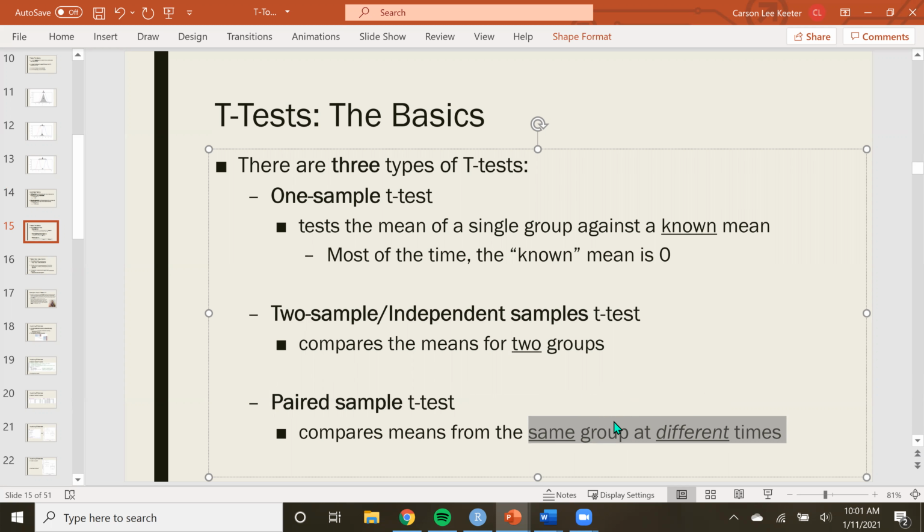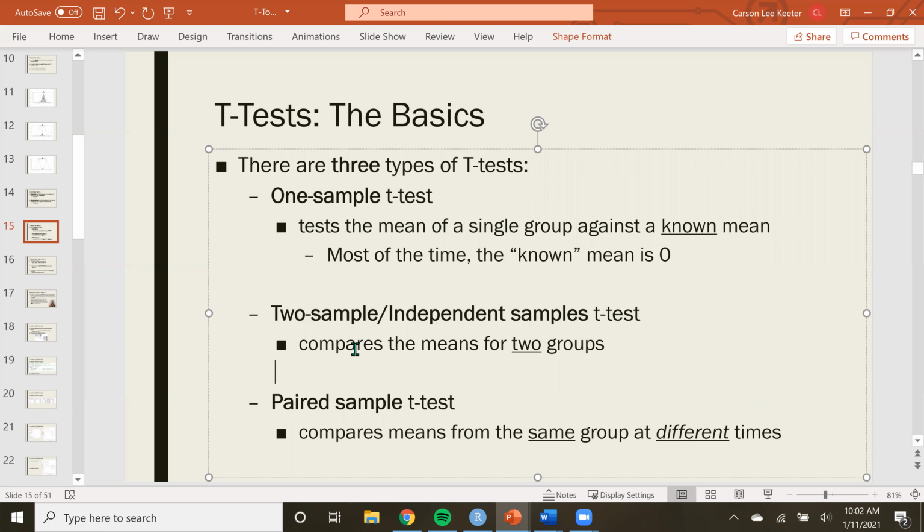We've seen some examples of this previously when we were looking at the controlled burn in one of the labs. If we haven't gotten to it, we will. But essentially, if you want to see how something changes over time, like pre-intervention and post-intervention, you would use a paired sample t-test because you've got the same people in it at each time point.